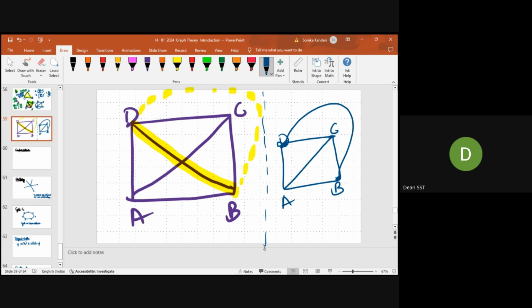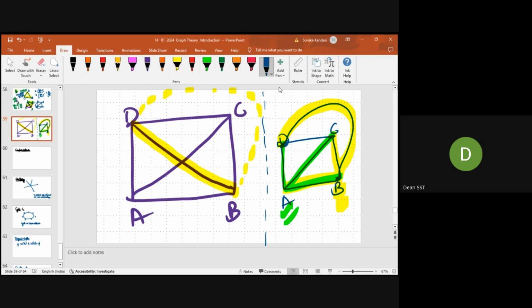Then check it for A. First check for A. A to C is here. A to B is there. Yes. A to D is here. Fine. A is clear. Check for B. B to C, B to A and B to D. B is okay.